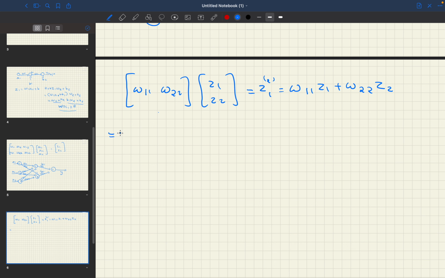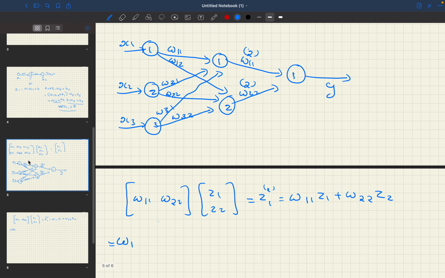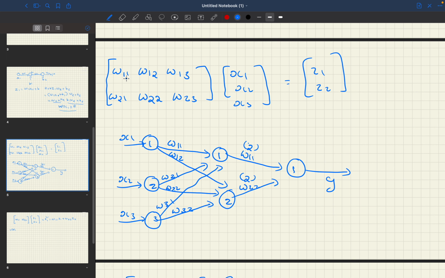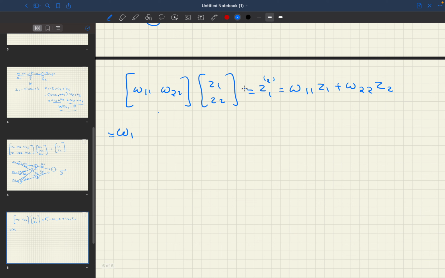Now, similar to our earlier example, just expand this. Okay, what is Z1? Here we can see that Z1 will be W11 into X1, W12 into X2, W13 into X3. This is just a matrix multiplication. Here I can write it as W11, this is layer 2, and this is layer 2, this is layer 1 and this is layer 1.